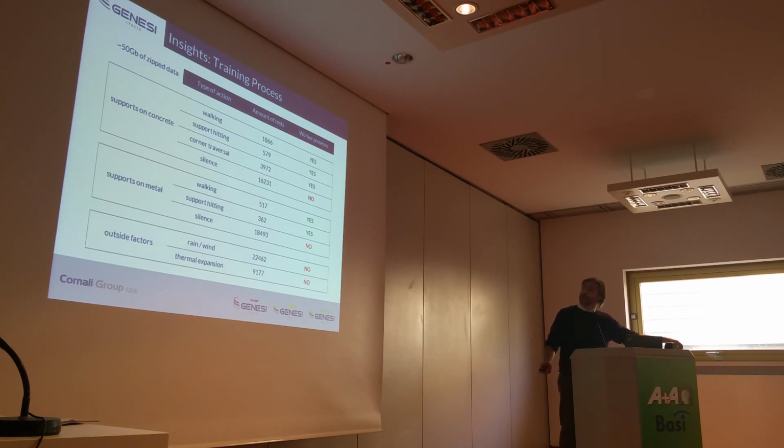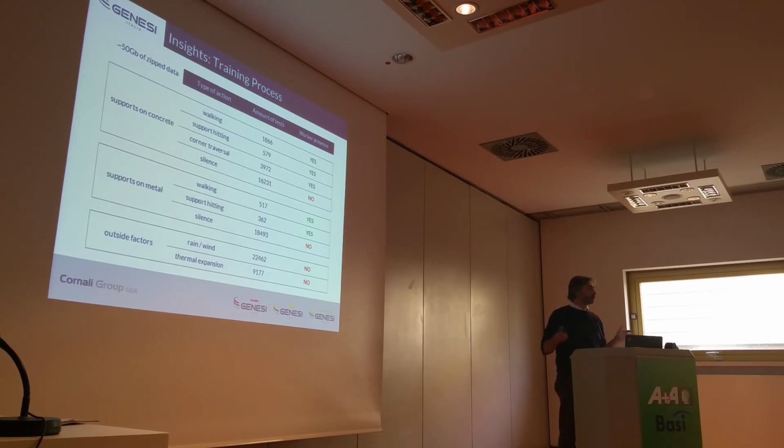To recap, this is the data set we built. We made trials on concrete and on metal because they exhibit very different behaviors with respect to vibrations. And for each of these cases, we collected walking, support hitting, corner traversal trials.